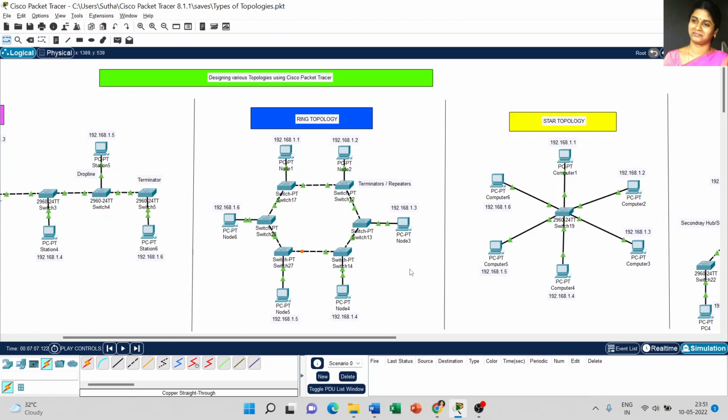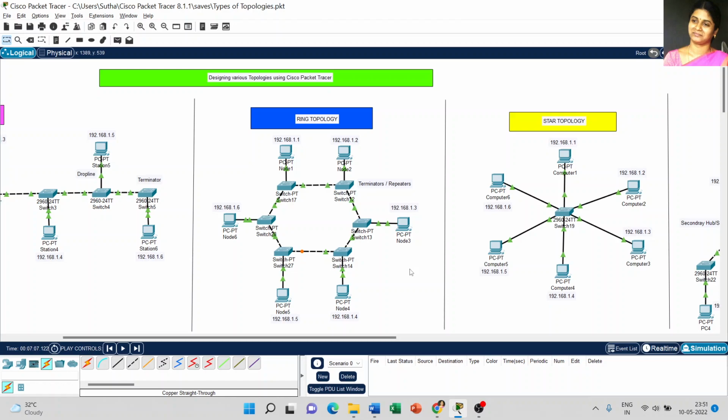Coming to the next disadvantage of ring topology, compared to the other topologies, it's less secure. When we take security into concern, the ring topology is less secure to transmit data. So these are the major points we have to consider for ring topology. What are the things we have to remember?